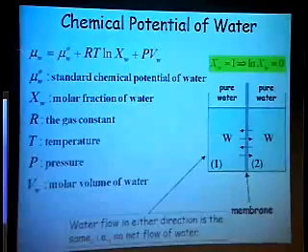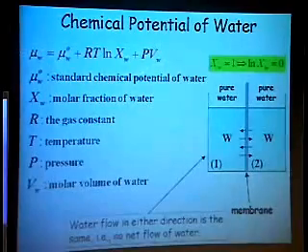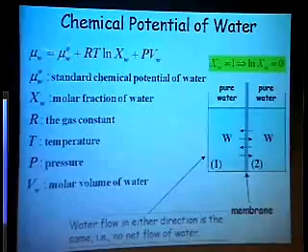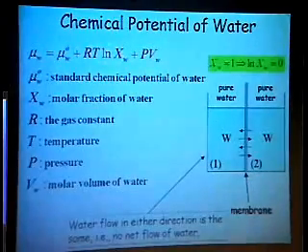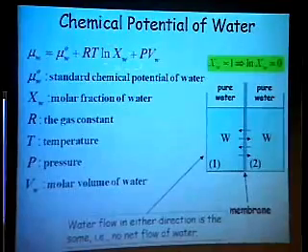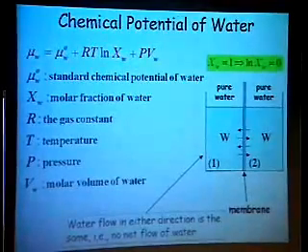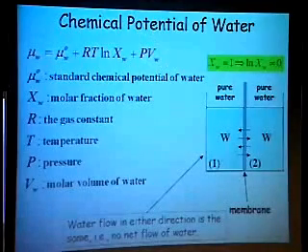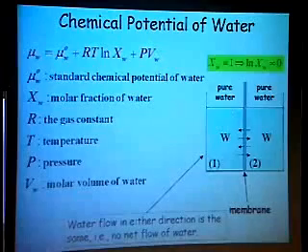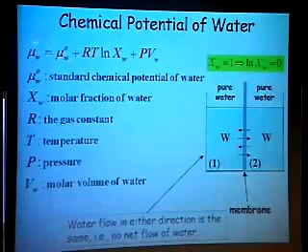And chemical potential of water can be defined in this way. It includes a standard chemical potential of water, which is the same everywhere for water. Then it includes a term which is the logarithm of molar fraction of water. For pure water, of course, this term is 0. And of course, you include the pressure of the system. If there is any pressure difference, then you will have different chemical potentials.